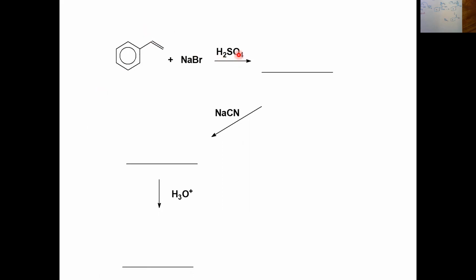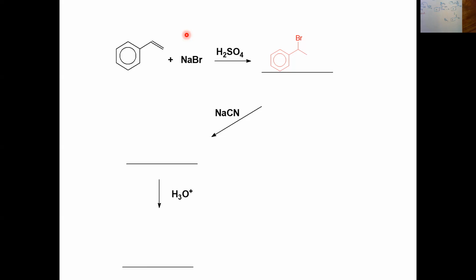HSO4 minus, the conjugate base of this guy, is not a good nucleophile, but bromide is a good nucleophile, so bromide attacks the carbocation. There you go. You have an alkyl halide, a secondary benzylic alkyl halide.